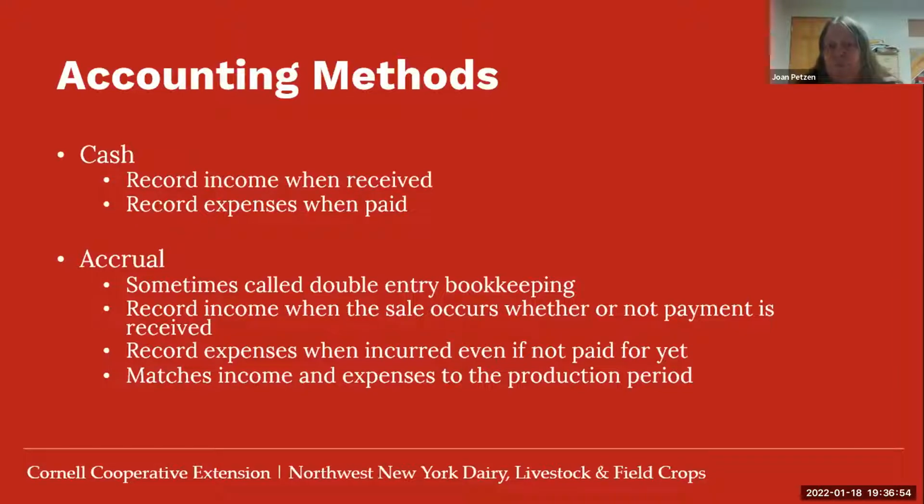However, the IRS allows most farms to use the cash accounting system. So we may, for management purposes, make some accrual adjustments at the end of the year to get a better picture of what our costs of doing business are. But from a tax management perspective, cash accounting is probably the normal standard among farm operations.